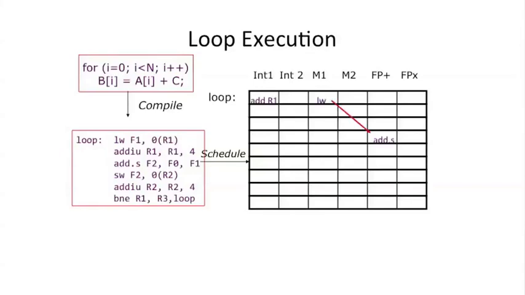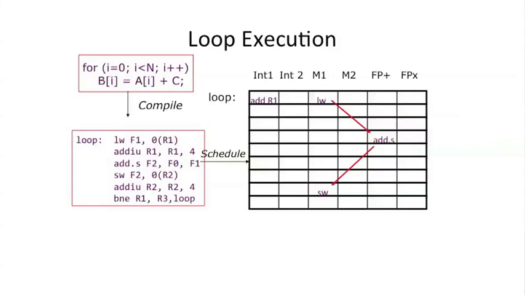Because the compiler knows about the latencies here, let's say this load has a few cycles of latency. So it's going to actually schedule this add later. And the add, it's a floating point add, has a couple cycles of latency also. So it schedules the consumer of that result, this F2, later.